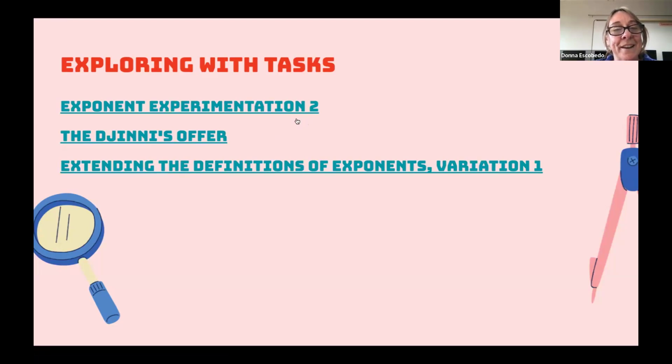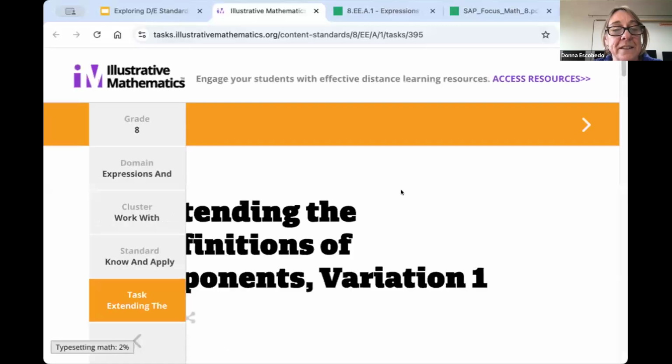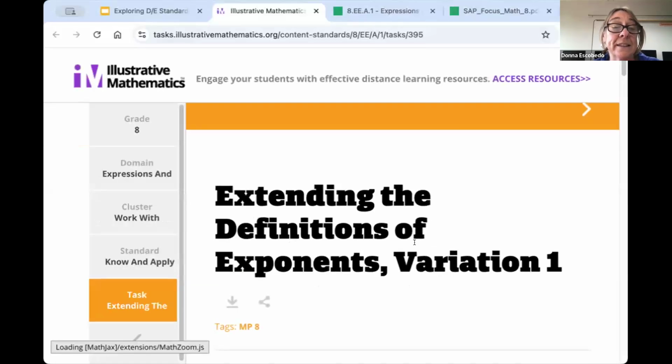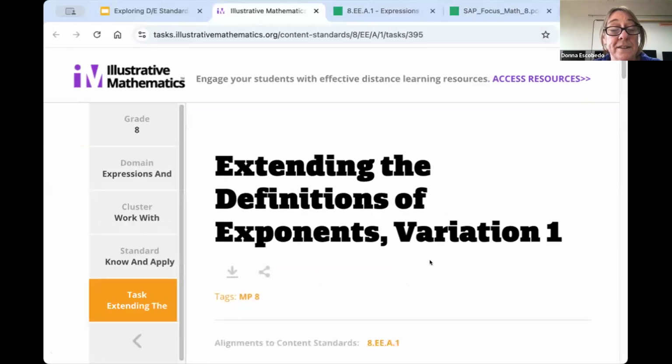So I did a couple of lower ones here, some exponent experimentation where they are going to make some equivalent expressions like they are asked to do in the standard. And then working with some exponents with the Genie, and then extending the definition of exponents. This is the one that is going to take us to this level of the standard, extending the definitions.